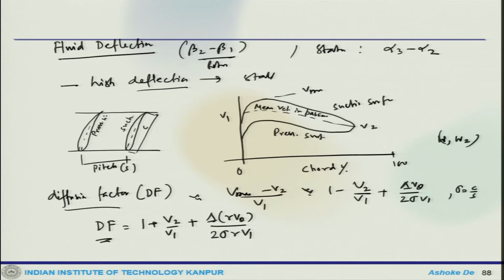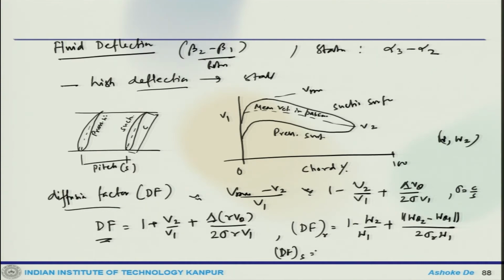So, for both rotor and stator, it can be expressed as follows. For the rotor, 1 minus W2 by W1 plus W theta 2 minus W theta 1 divided by 2 sigma R W1. And for the stator, it could be 1 minus V3 by V2 plus V theta 3 minus V theta 2 divided by 2 sigma S V2.